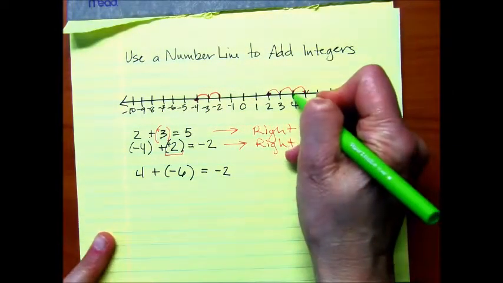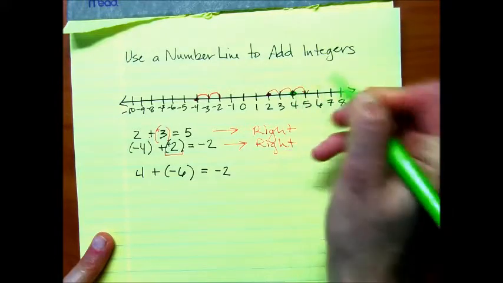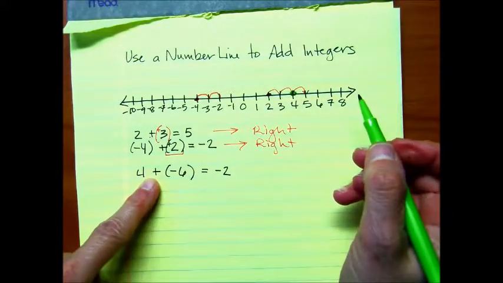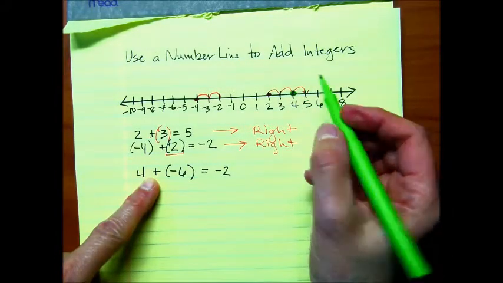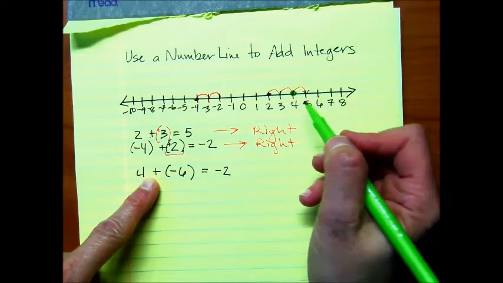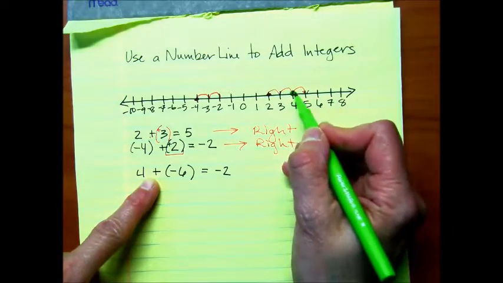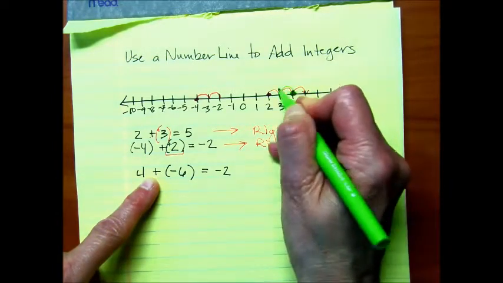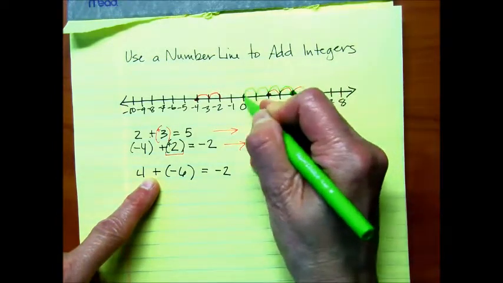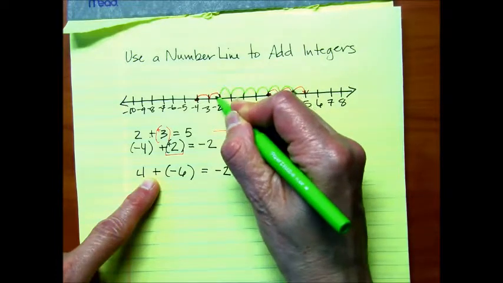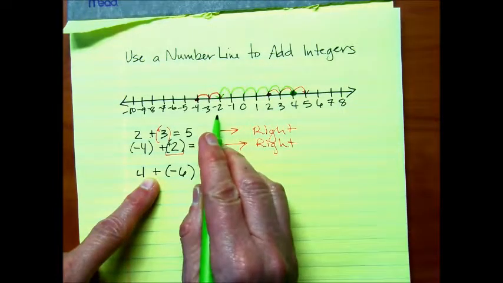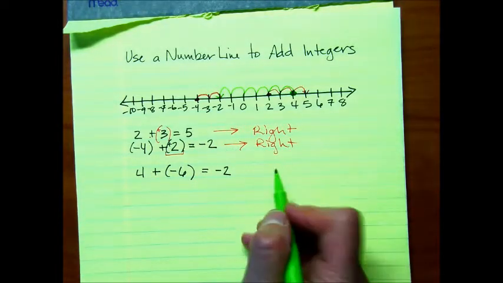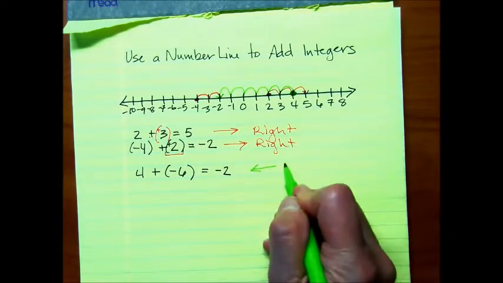Here I have a 4, and I want to add to that a negative 6, so I'm going to do the opposite of moving to the right. I'm going to move to the left 6 places. 1, 2, 3, 4, 5, 6. And I come to a negative 2. In this case, I moved to the left.